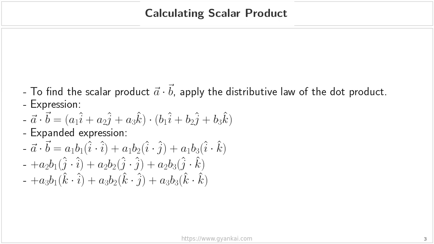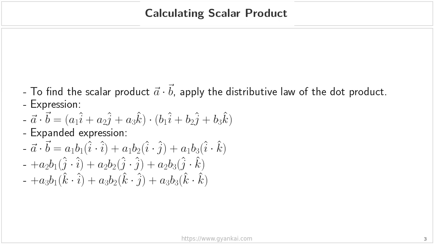Next, we do the same with the j component of vector A, which gives us a2b1 j·i plus a2b2 j·j plus a2b3 j·k. Finally, we distribute the k component, resulting in a3b1 k·i plus a3b2 k·j plus a3b3 k·k.